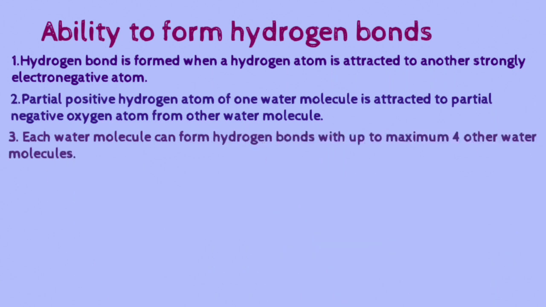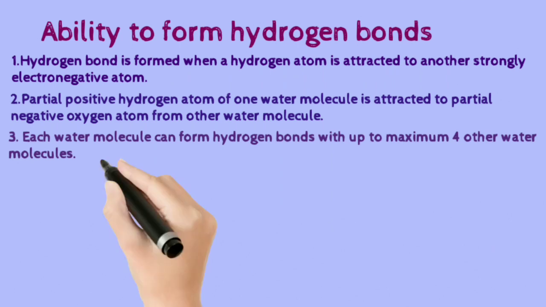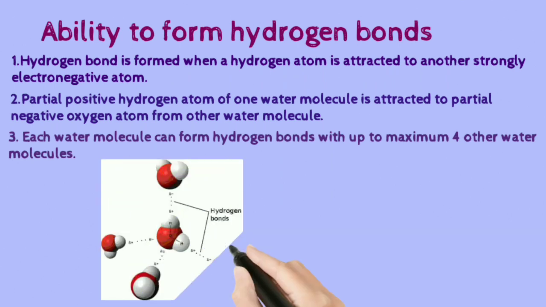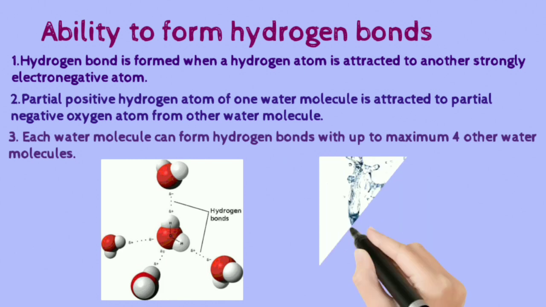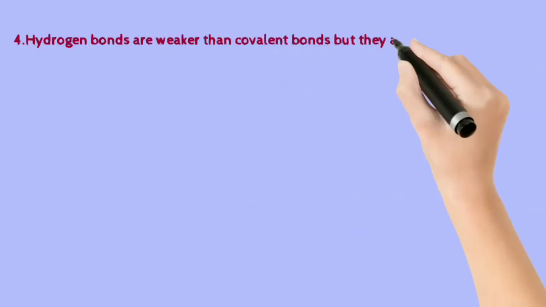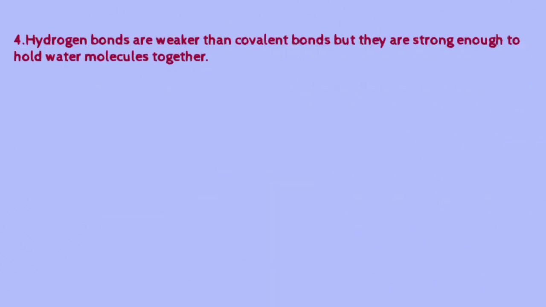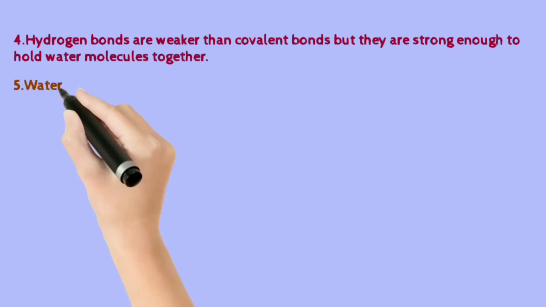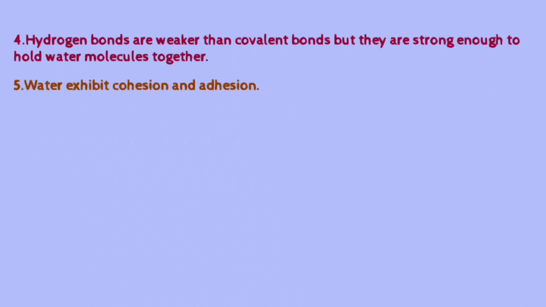Third, each water molecule can form hydrogen bonds with up to a maximum of 4 other water molecules. 4. Hydrogen bonds are weaker than covalent bonds, but they are strong enough to hold water molecules together.